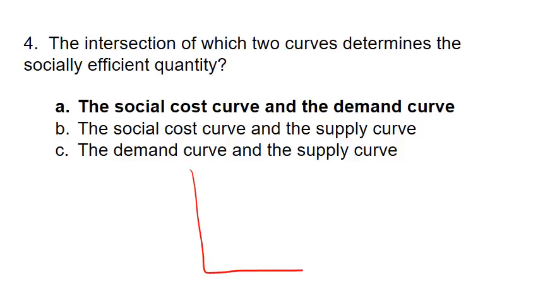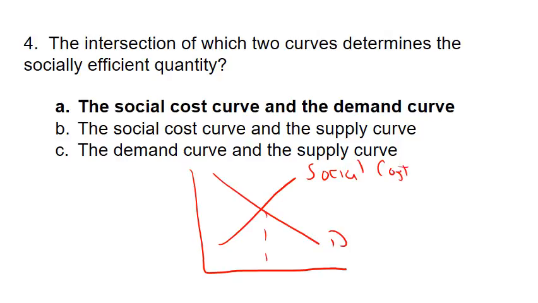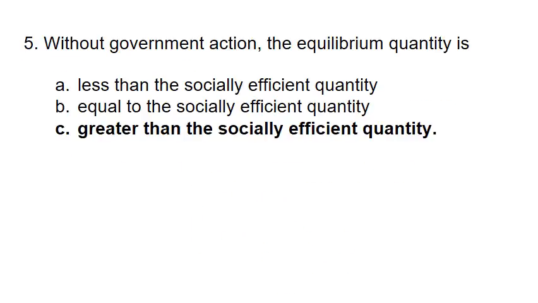The socially efficient quantity is determined by the social cost curve and the demand curve. QSE, we'll call that. Without government intervention, the equilibrium quantity is greater than the socially efficient quantity.